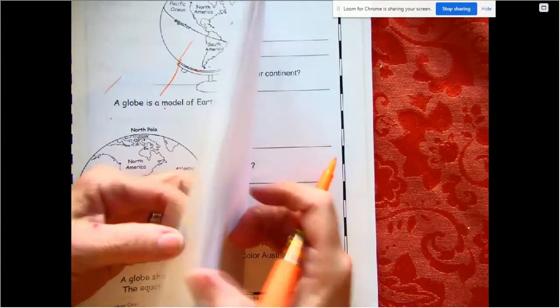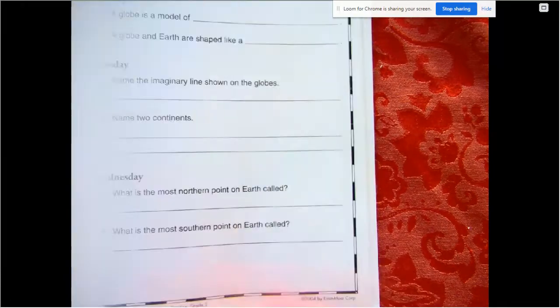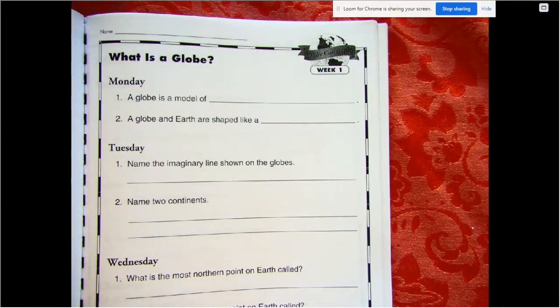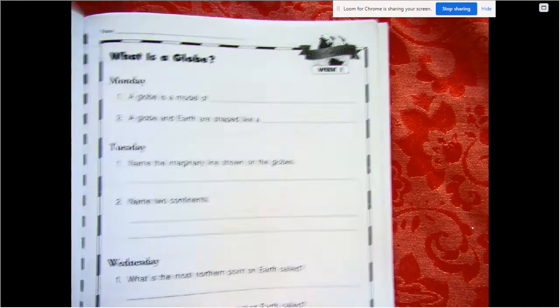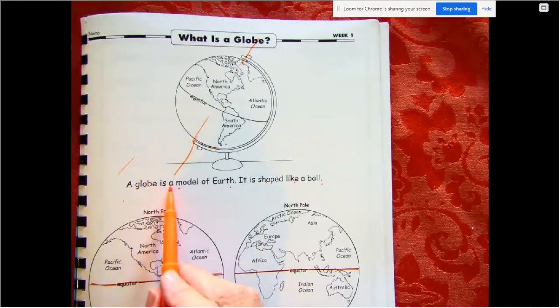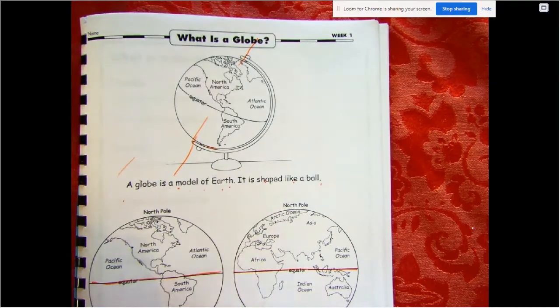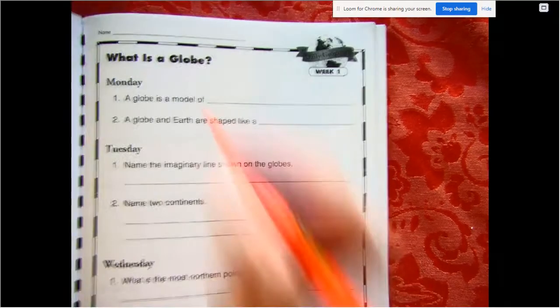Let's go to the Monday question. A globe is a model of, so let's go back here. A globe is a model of Earth. I'm going to fill that in.